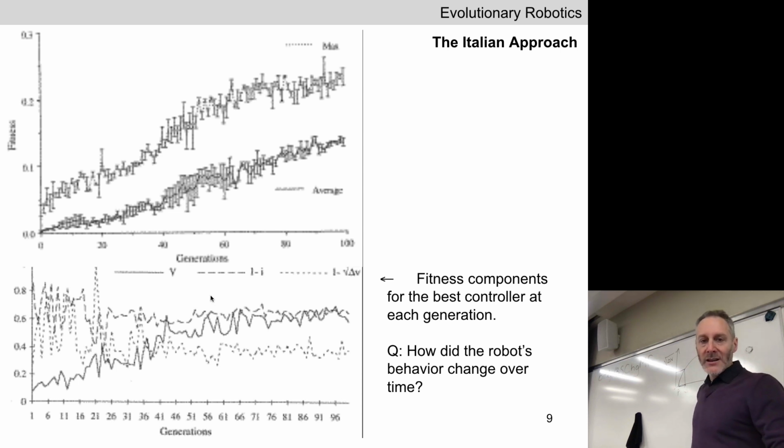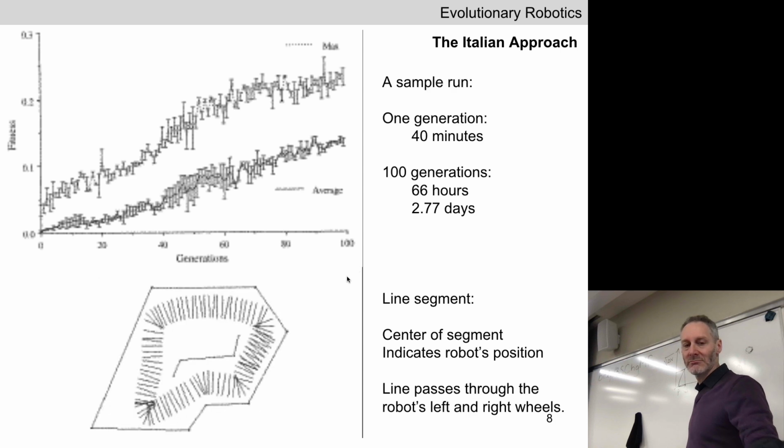Okay, the dash line, this one's a little bit harder to interpret. Oh, I'm sorry, I misspoke. We were talking about the dotted line. This is not staying away from the walls. This is turning. I apologize, I misspoke. This overall term here is punishing big delta V's.